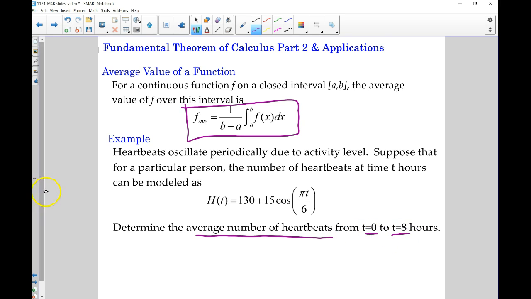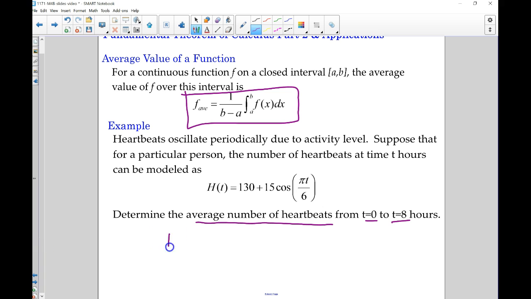So the number of heartbeats on average is equal to, according to the definition of average value, 1 over 8 minus 0, integral 0 to 8 of the function 130 plus 15 cosine of pi t over 6 dt.